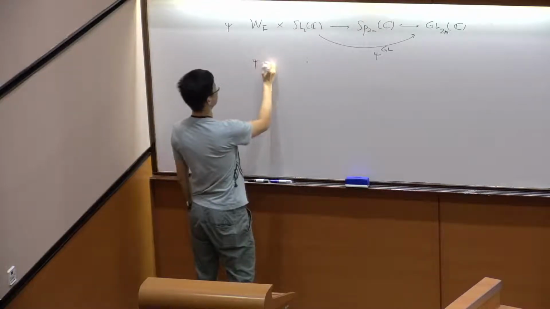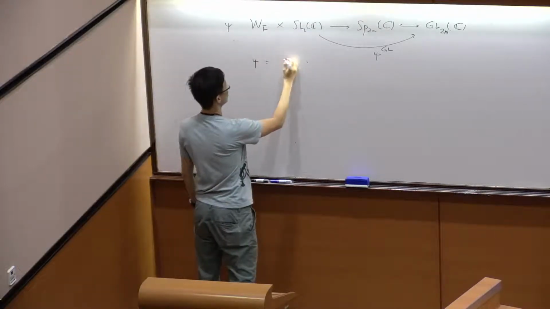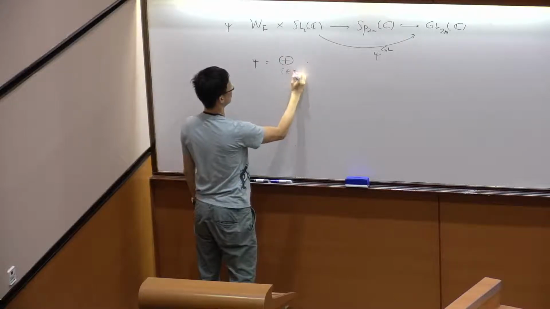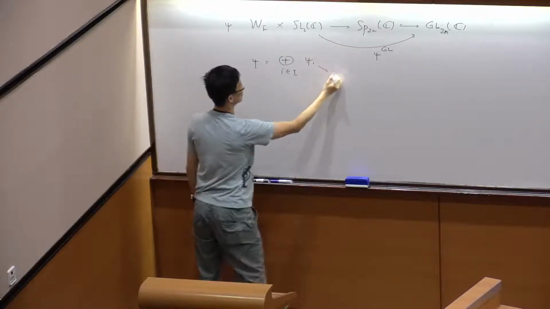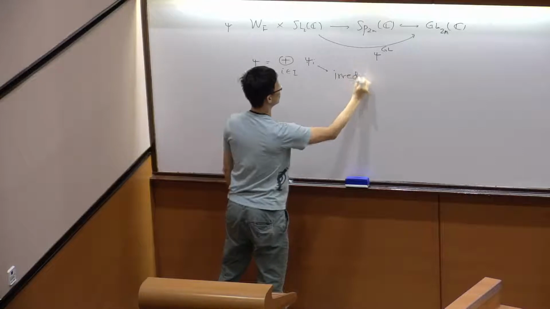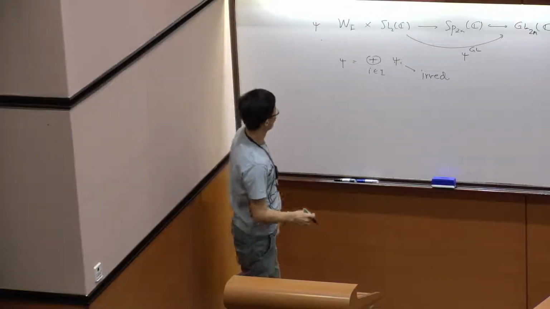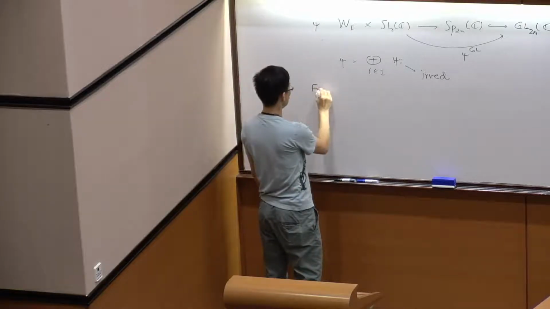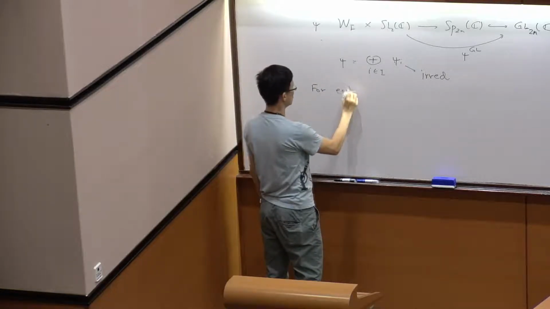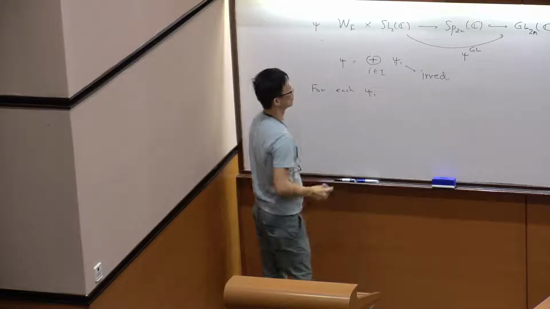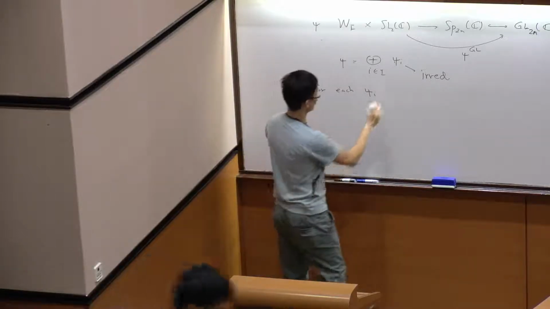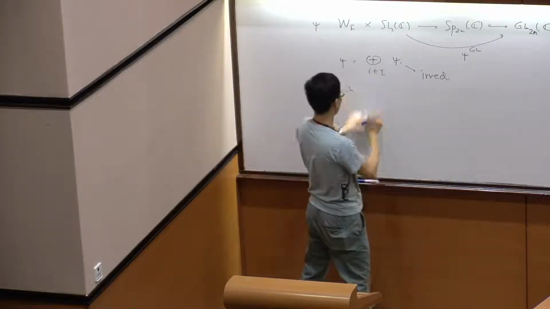Okay? Then it will break up into irreducibles. So these are irreducibles. And, okay, so for each i, what does it look like?